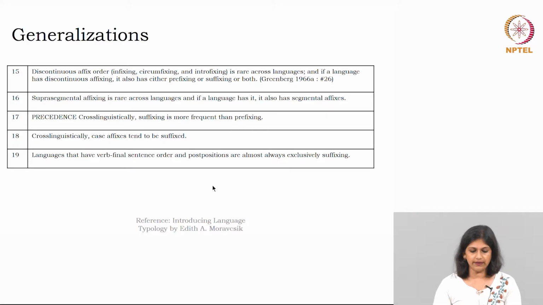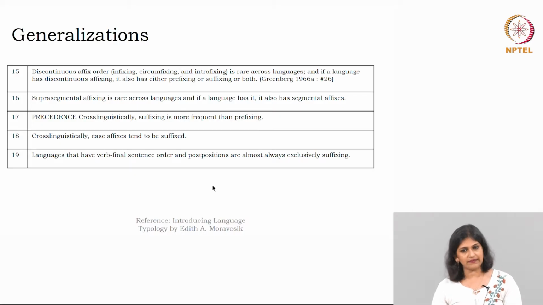hold true, right. So, suprasegmental affixation is rare, and any language having suprasegmental affixes related to intonation, stress or nasalization, in such languages you must find segmental affixes also. But if a language has segmental affixes, it may not have suprasegmental affixes. So, suprasegmental affixes are more exclusive than the segmental ones.